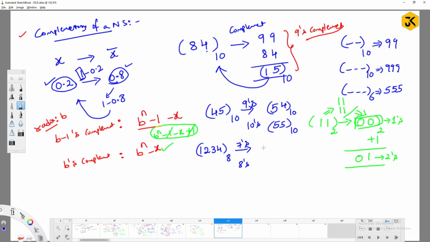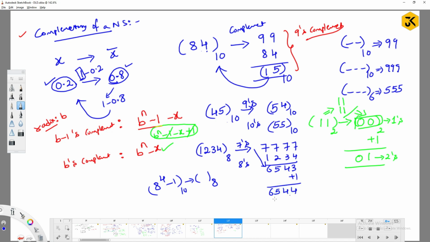You may get confused here: 8 power 4 minus 1 in decimal format, converted into octal format, is 7 7 7 7. From that, you subtract 1, 2, 3, 4, so you get 6 5 4 3. This is the 7's complement. If you add 1, you get 6 5 4 4. This is the 8's complement.